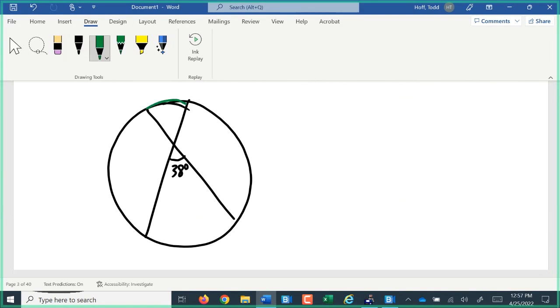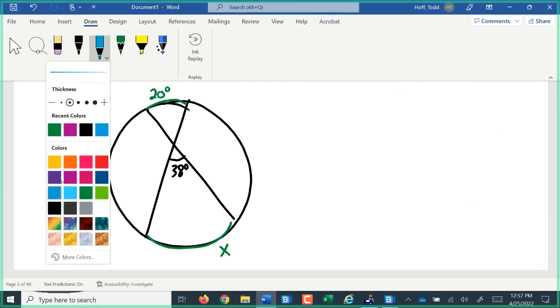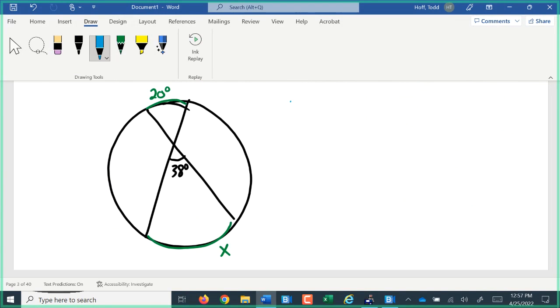So let's say that this is a 20-degree arc. How big is that arc there, x? Add the arcs. So x plus 20 divided by 2 equals 38.